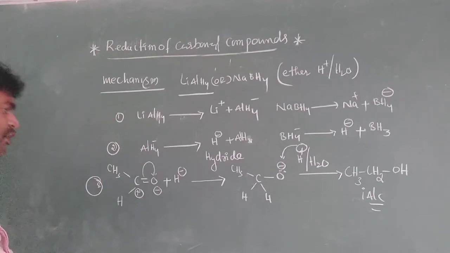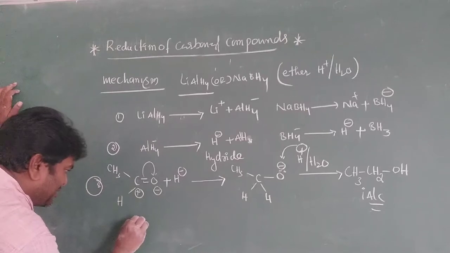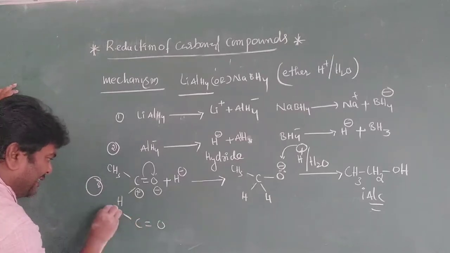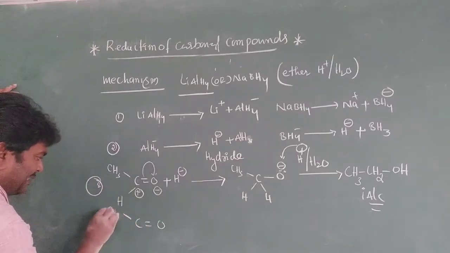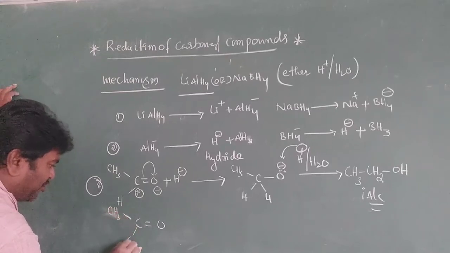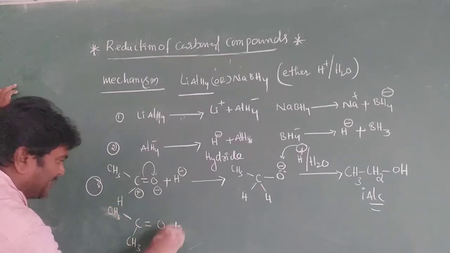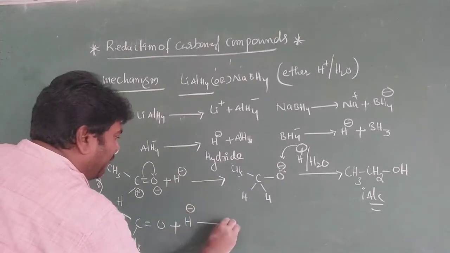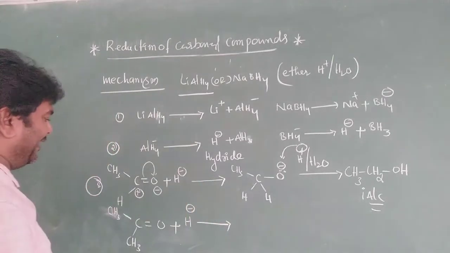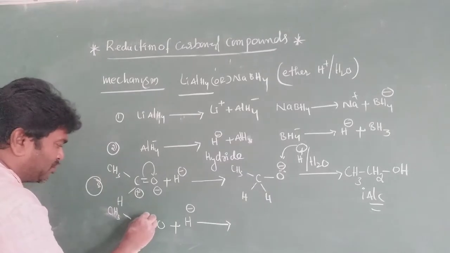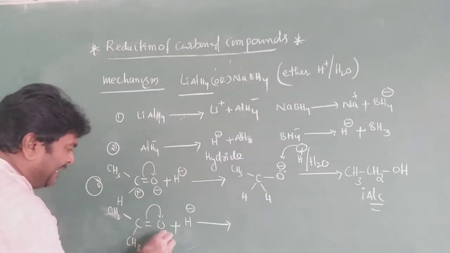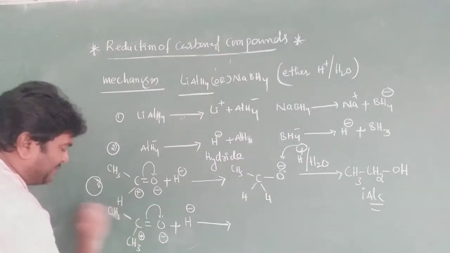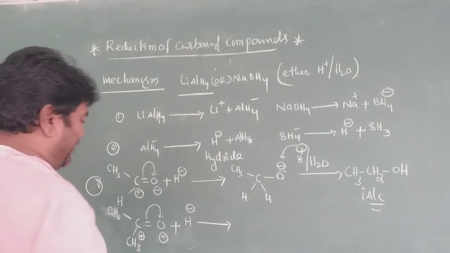Suppose you take a ketone. What happens here? It is a C double bond, with CH3 and CH3. The hydride ion, H minus, from lithium aluminum hydride attacks; these two electrons are shifting to oxygen, giving O minus.